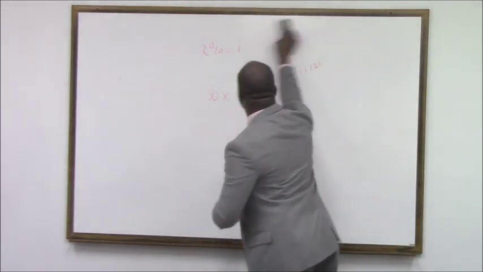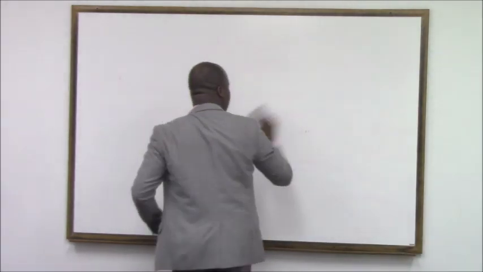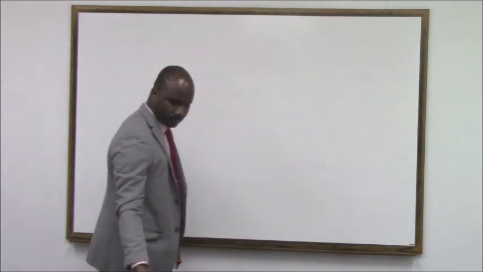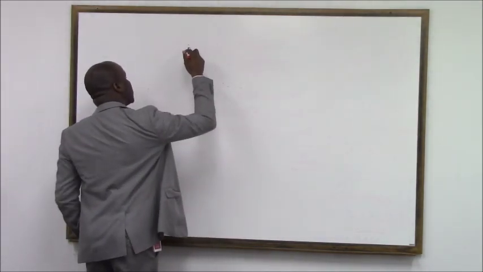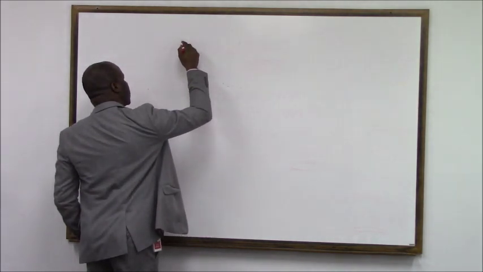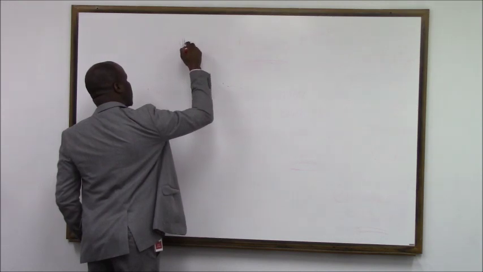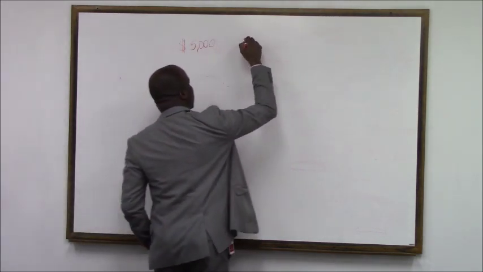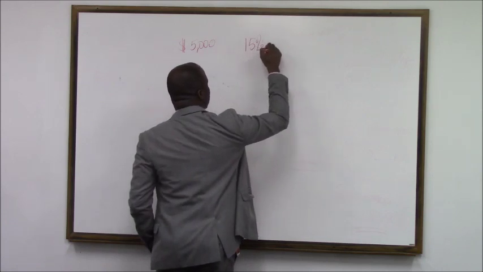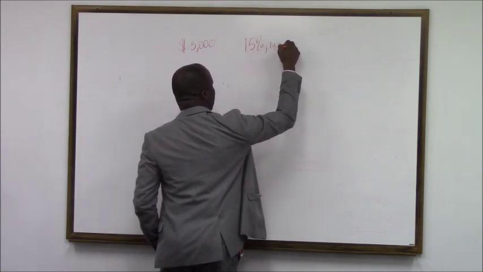Alright, so your first thing is this. You're going to put $5,000 in the bank. They promise to pay you 15% monthly.